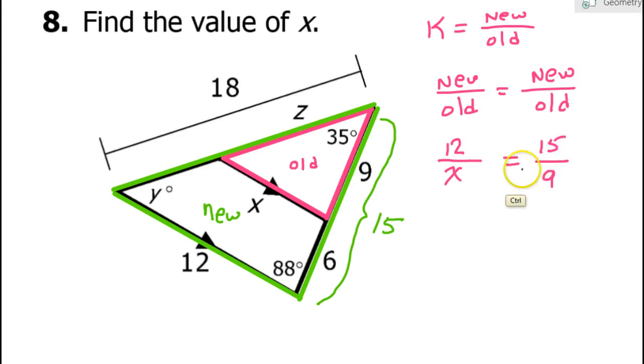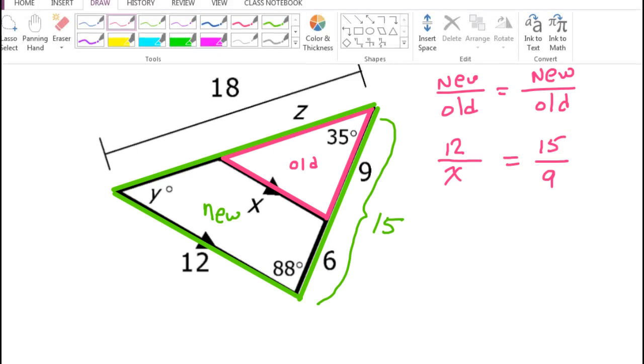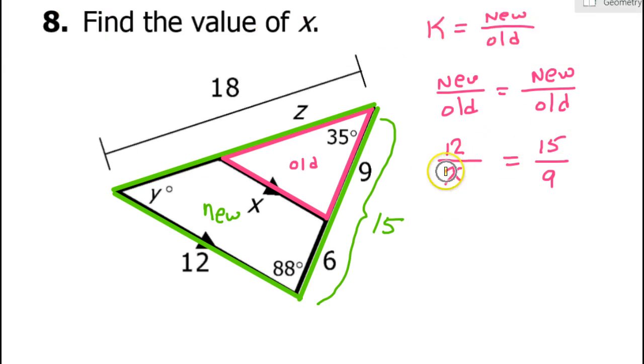Then I'm going to cross multiply. When you cross multiply, you go like this and like this.